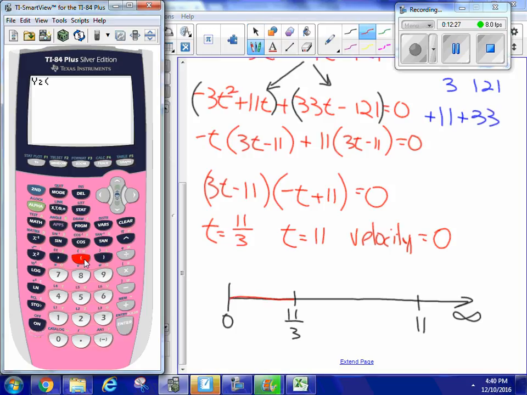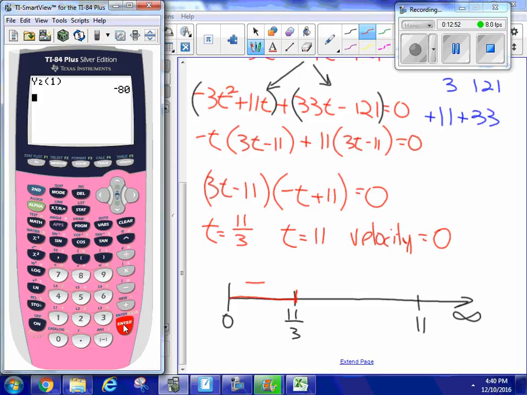And I hit enter, and I find out it is negative in this interval right there. And it has to be, there can't be any other spot between 0 and 11 thirds where it's positive, because if it was, then I would have crossed the x-axis. And I know I only crossed the x-axis right here at 11 thirds. There's no other place between 0 and 11 thirds where I do so.